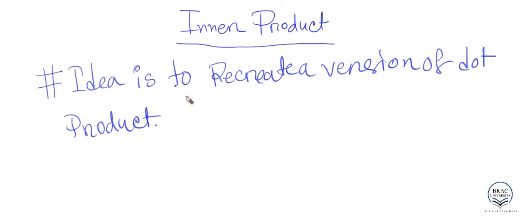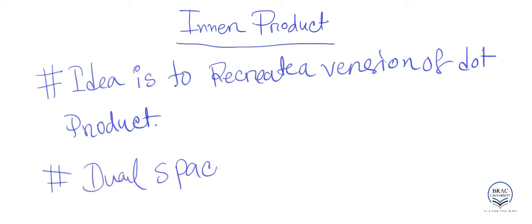So as I said, the idea is to recreate a version of the dot product, and for that is creating a number out of these vectors. We need some more ingredients, and the key concept here will be the concept of dual spaces, or so-called dual vector spaces.